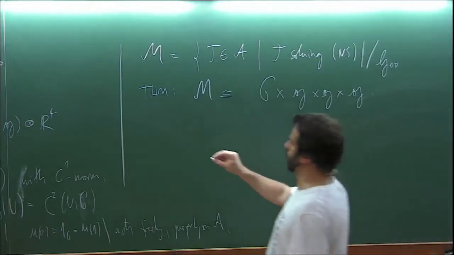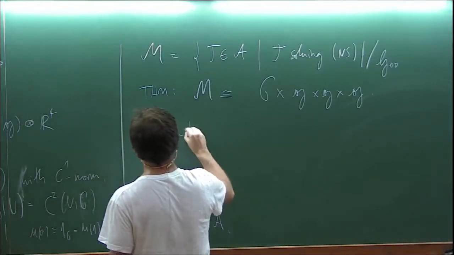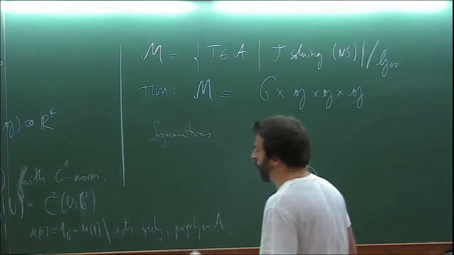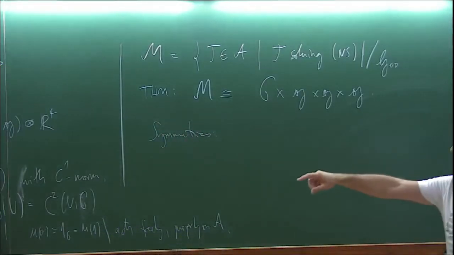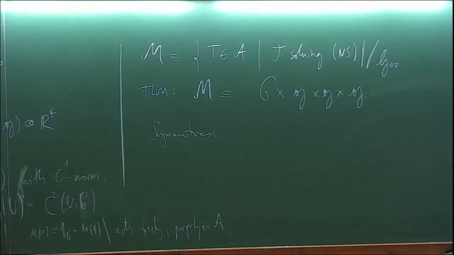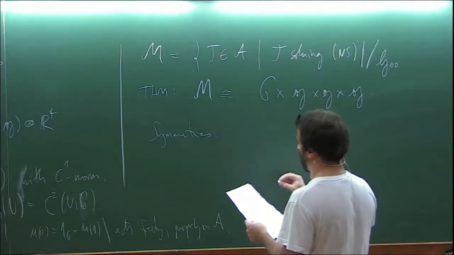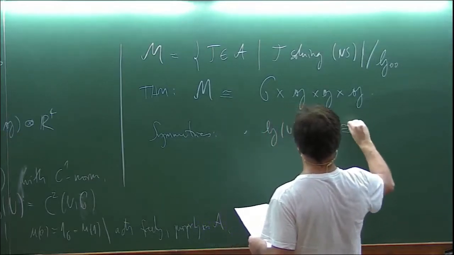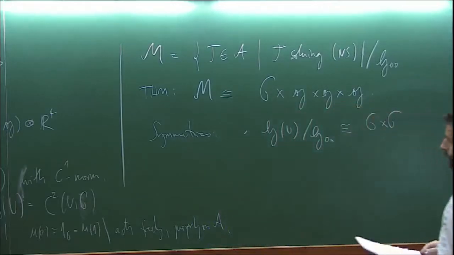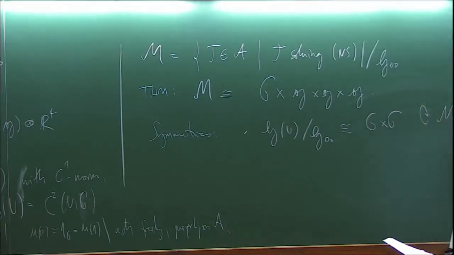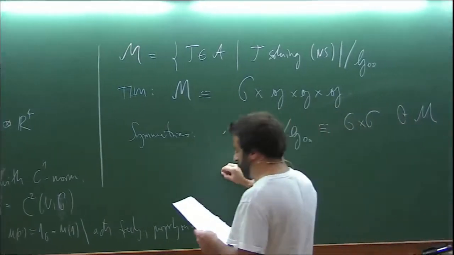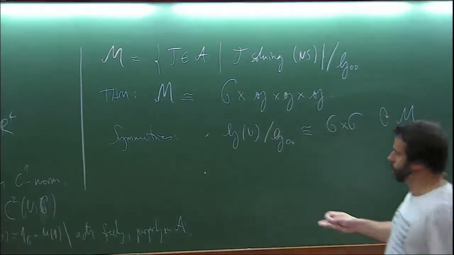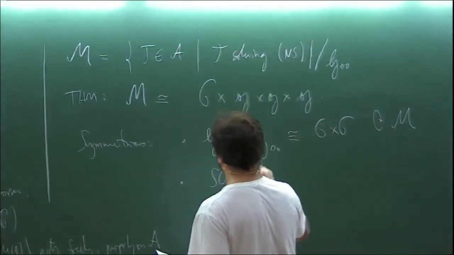Okay, so symmetries. We know that we have this bigger group acting on solutions, preserving solutions. But we are quotienting by the smaller subgroup, so there is an action of the quotient, which is two copies of G, on M. And then, maybe less obviously, there's an action of SO(1,2).